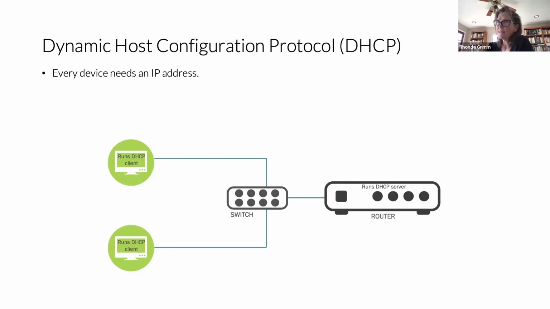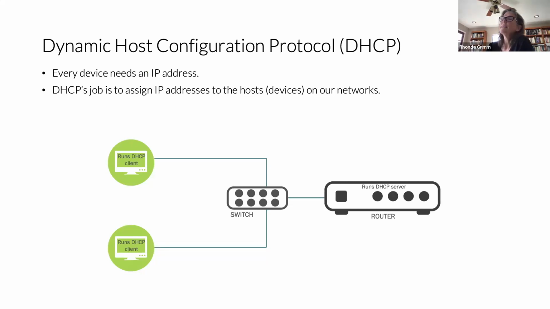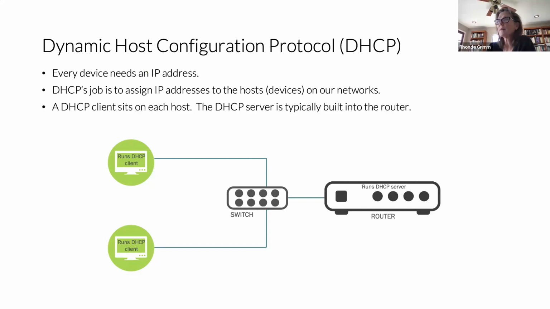Every device, of course, needs an IP address, and it's the DHCP server's job to make sure that each device has an IP address, and every device on the network has a DHCP client on it. You know, the laptop has one, and my daughter's laptop has one. Everything has one, and the DHCP server is built into the router. So you've got your server, and then you have all your clients. The DHCP server just assigns these addresses dynamically.